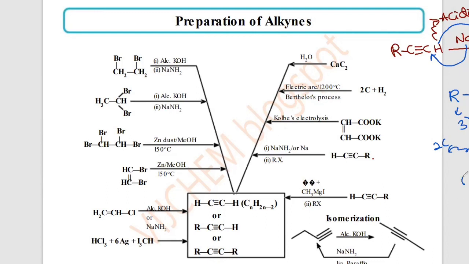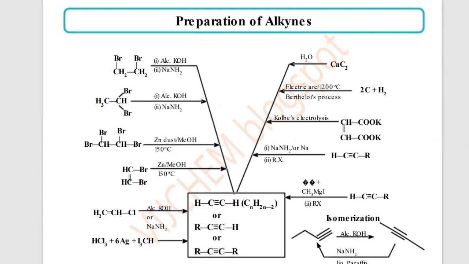So then RC triple bond CR dash. And what is eliminated from here? Sodium, from here halogen, minus NaX. So this is how the preparation method is done. Okay. Now let us see further methods.